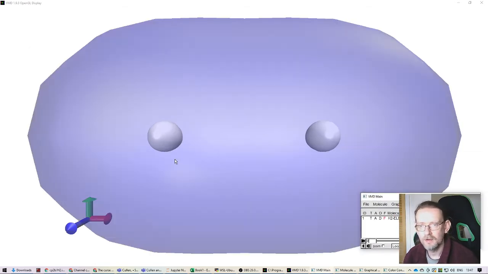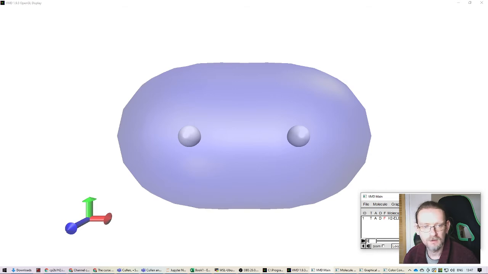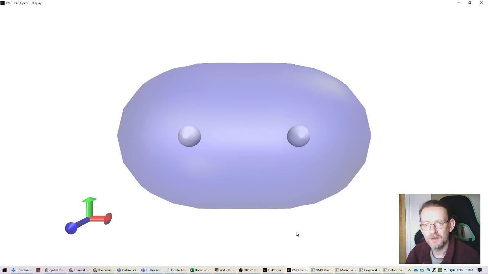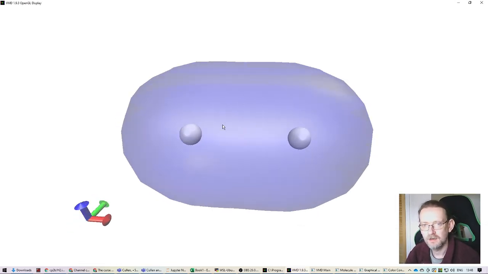So there I've got my electron density around the two molecules. If it was just a hydrogen atom, I'd get a spherical electron density around it. But now you can see it's this sort of ellipsoid where there's been some increase in electron density in this area between the atoms.